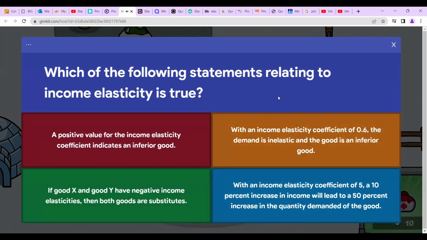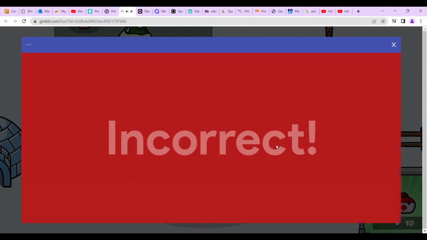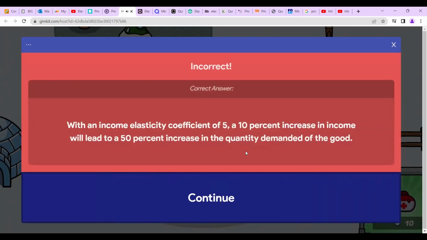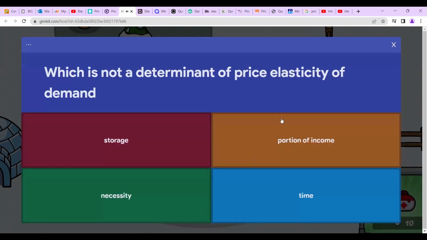Which of the following statements relating to negative elasticity is true? With negative elasticity going from 0.6, demand is inelastic and the with negative elasticity going from 5, a 10% increase in income will lead to a 50% increase. Which is not a determinant of price elasticity?